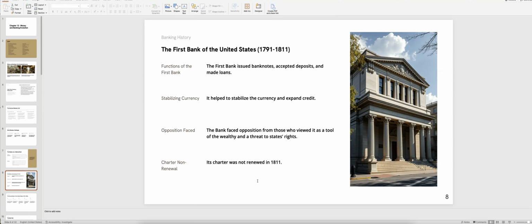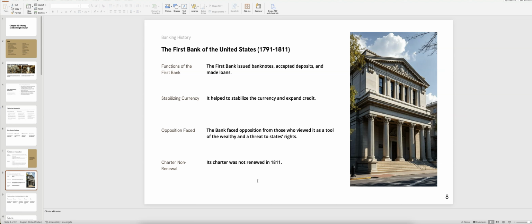It helped the US government pay off the debt it had accrued during the Revolutionary War. In 20 short years, the general conclusion of economists is that this bank was wildly successful at achieving its goals of establishing a national currency and a national banking system.